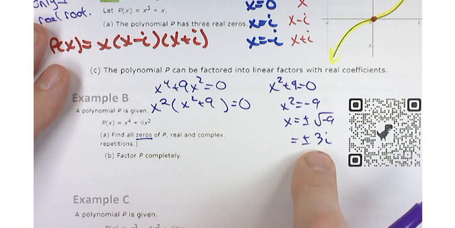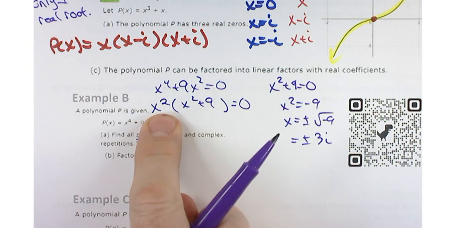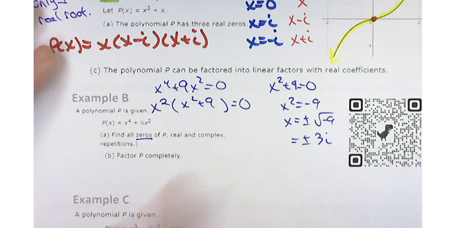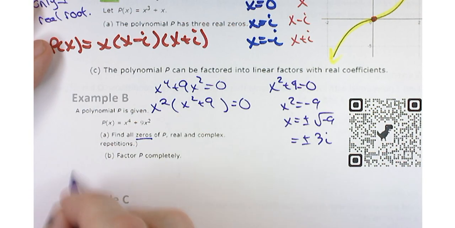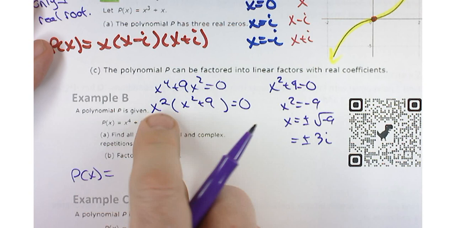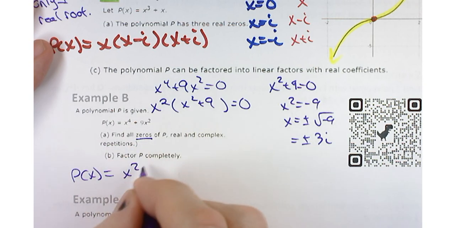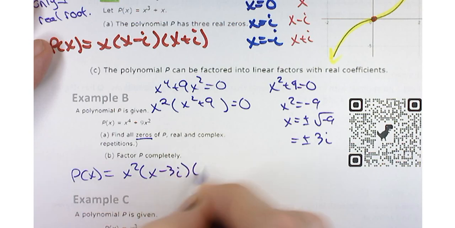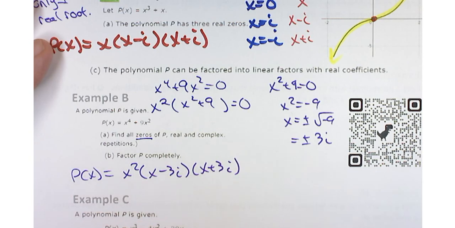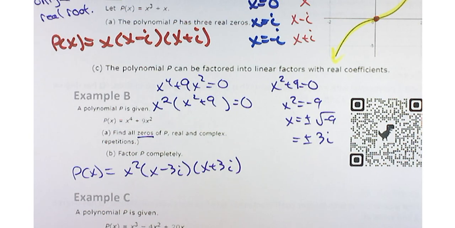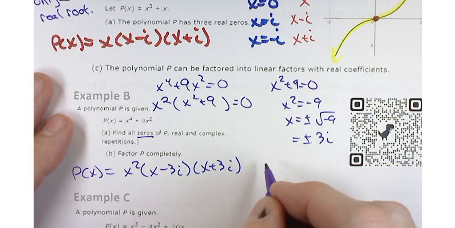So I've got 2 roots here, and I've got 2 roots here. So let me rewrite p of x as x squared, and then x minus 3i and x plus 3i. Great. There it is, completely factored, and I've got all my roots.